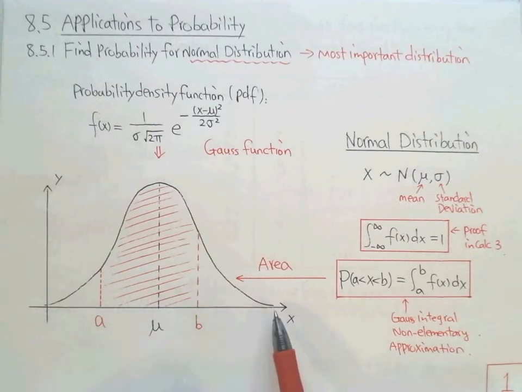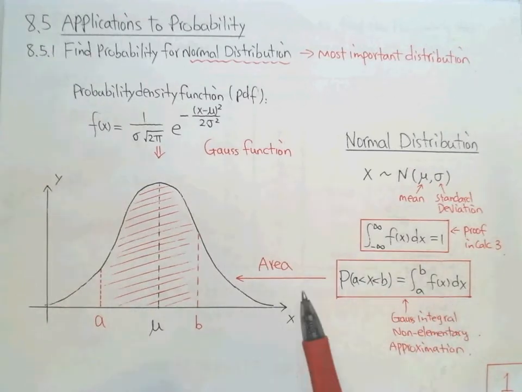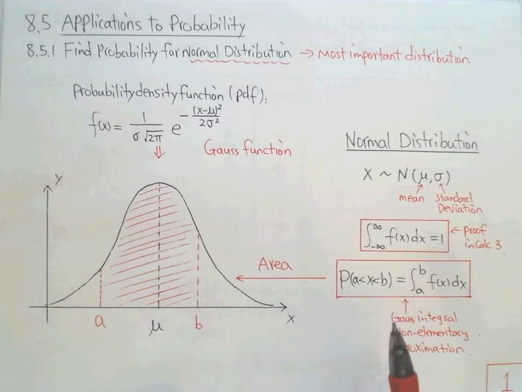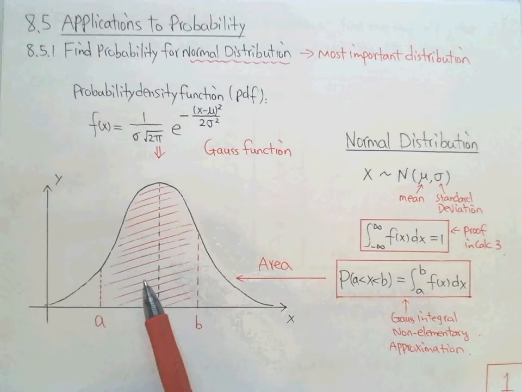In probability theory, keep in mind this is the most important: the probability of an event is exactly the area under the PDF curve. The area is the probability.